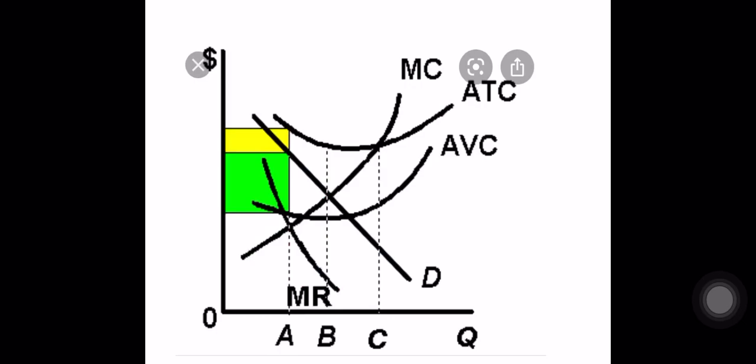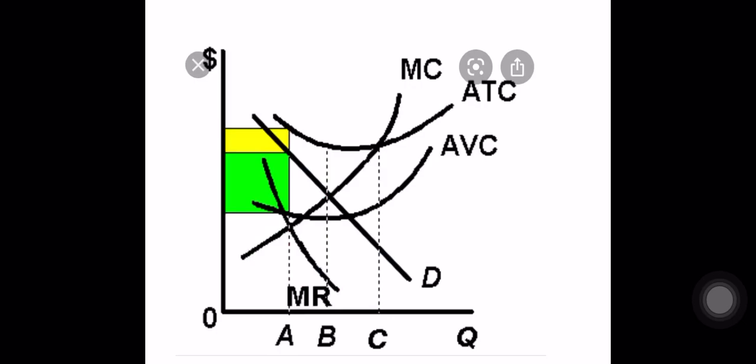Okay? Pero kapag ang AVC and ATC is both above the demand curve, then you are gaining so much losses, so therefore, a monopolist can shut down. So, kailan ang shutdown decision? Kapag ang ATC is above the demand curve at kapag ang AVC ay above the demand curve.